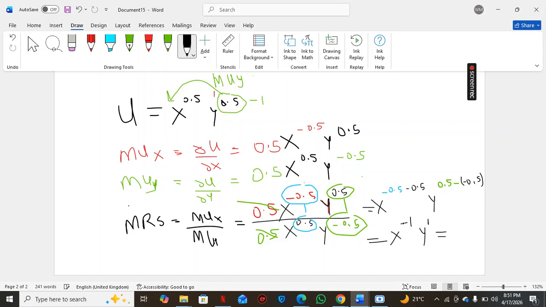So remember, with negative exponents, you bring them to the denominator. Okay, so your marginal rate of substitution is y over x. Any questions?